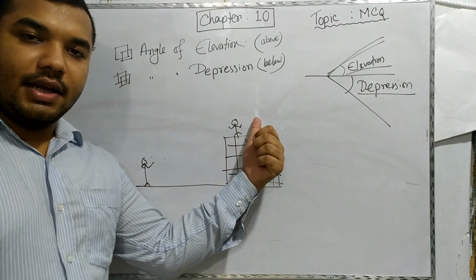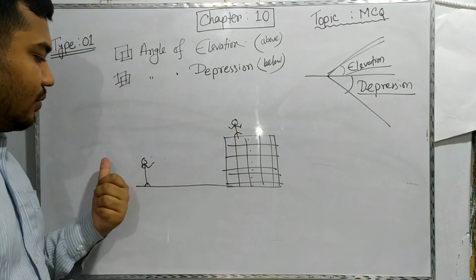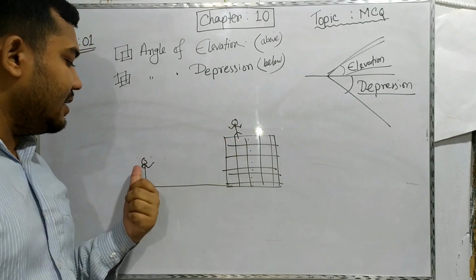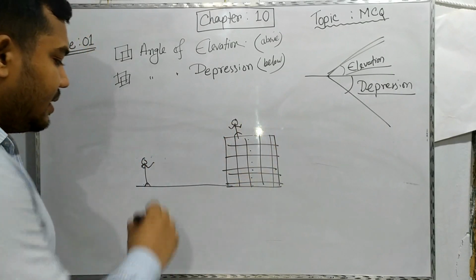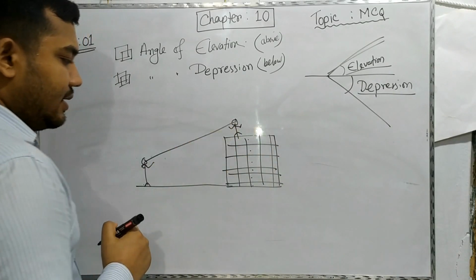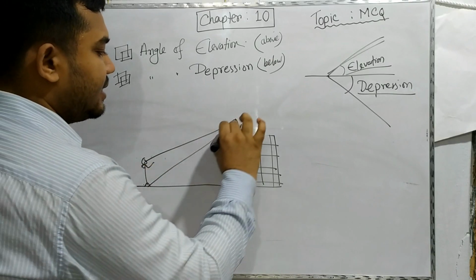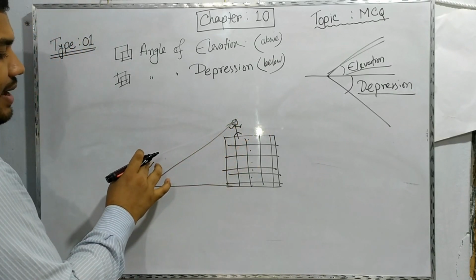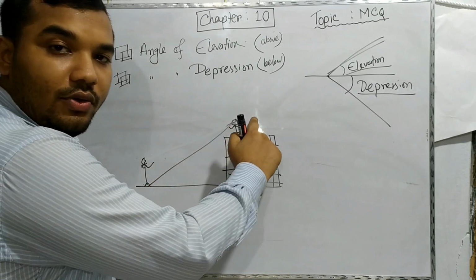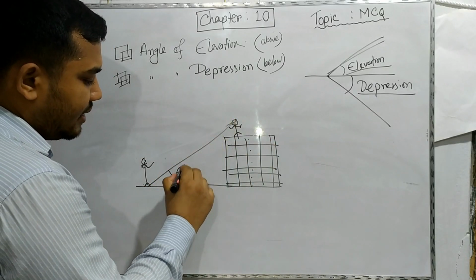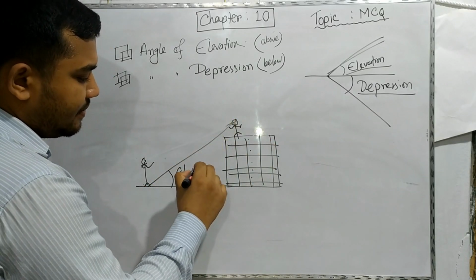So your friend is there and you are here. So what is the angle created between you and your friend? If we think of the line from here to your friend, that will be the angle of elevation.